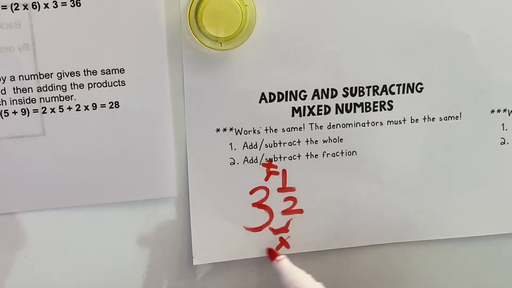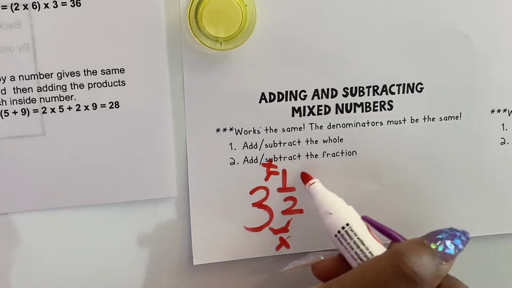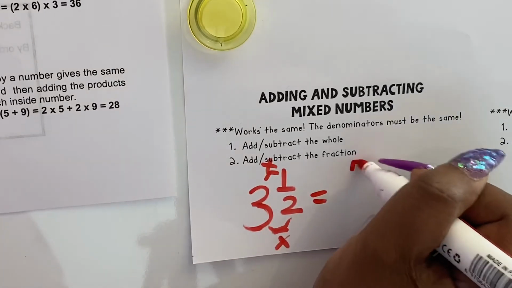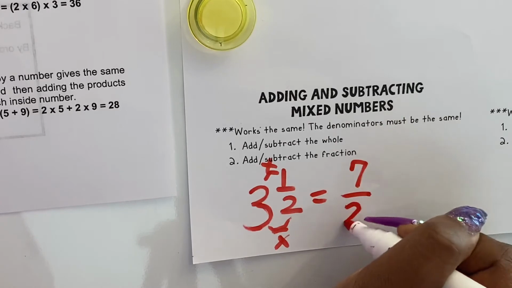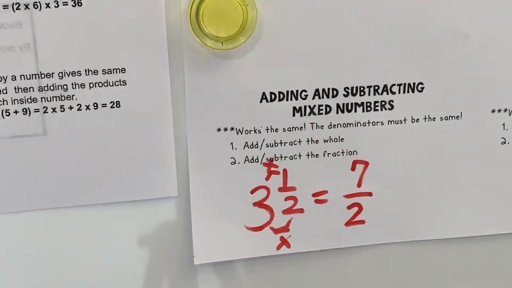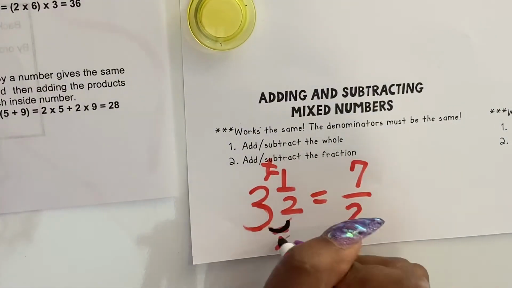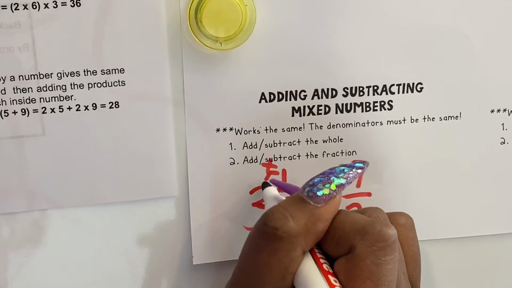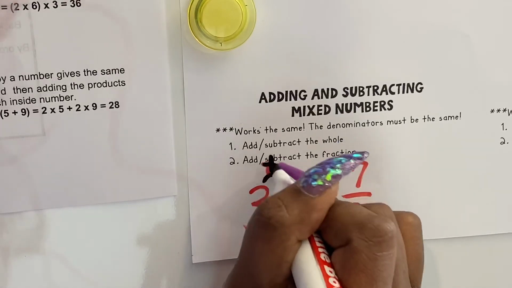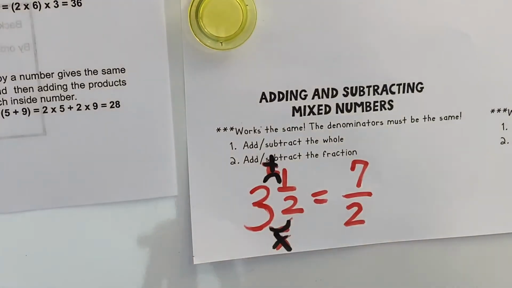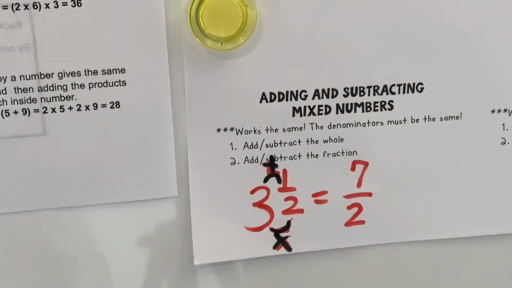So 2 times 3 is 6, plus 1 is 7, and then I keep my denominator. Hopefully that's clear enough. You multiply that, and then up here, you add. Okay? Hopefully that clears it up for you.